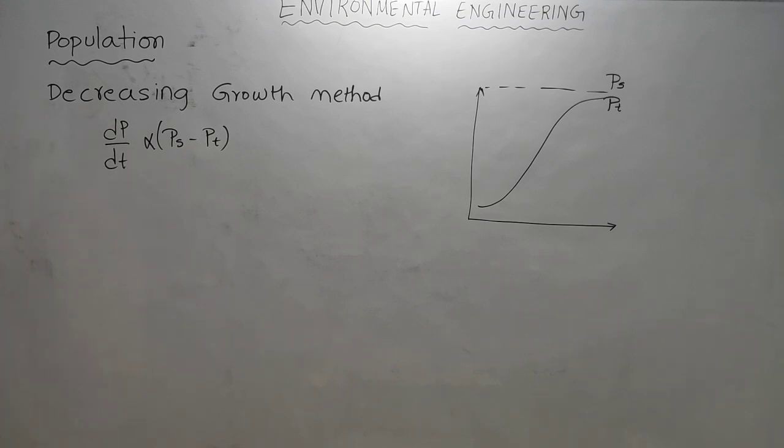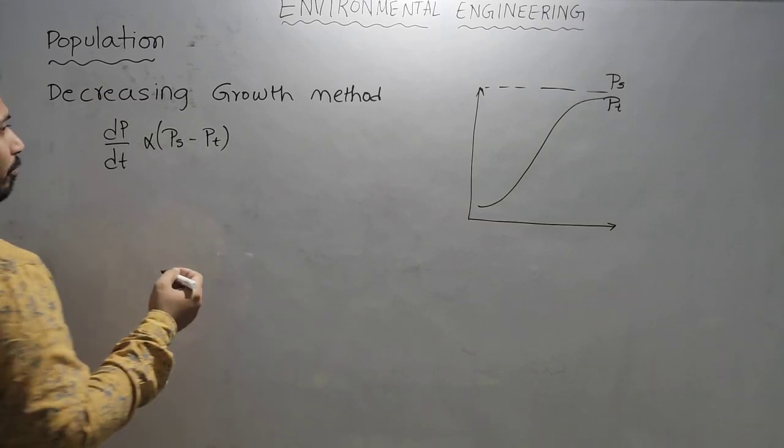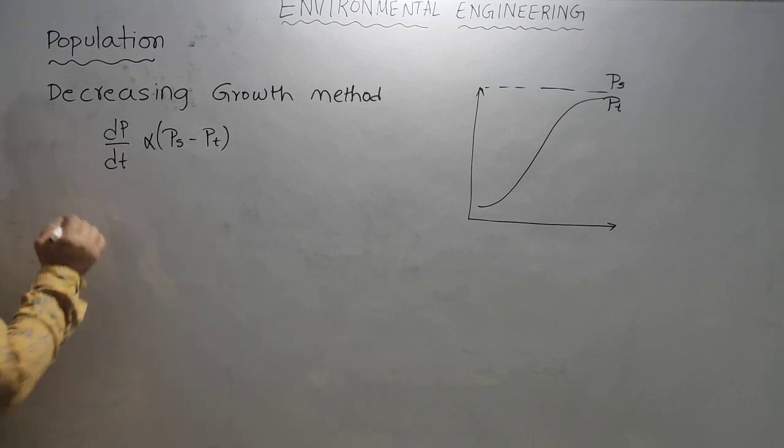So for example, if you know a population, let the latest known population be P naught.